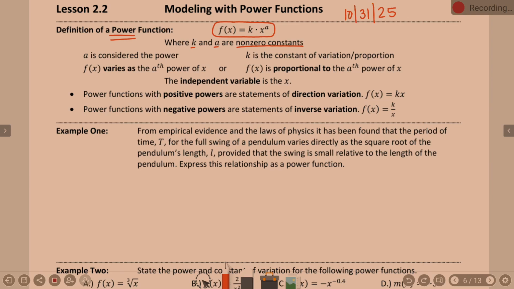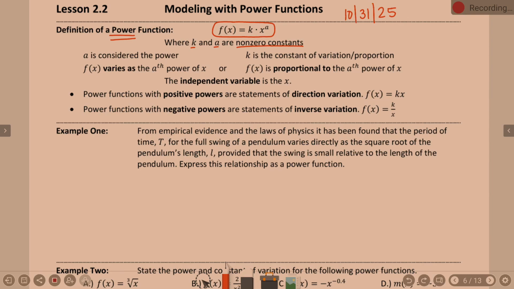In terms of a power function, it is normal to see the vocabulary "f of x varies as the a power of x." I'm not saying 8, I'm saying a, though. I don't know how to differentiate that one; I've never been able to figure that out. Or "f of x is proportional to the a power of x."